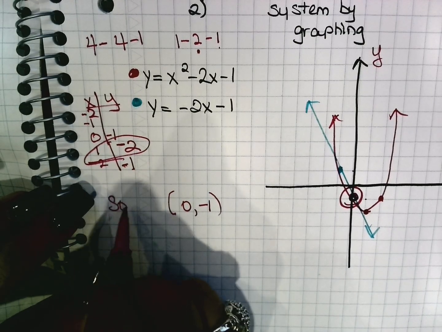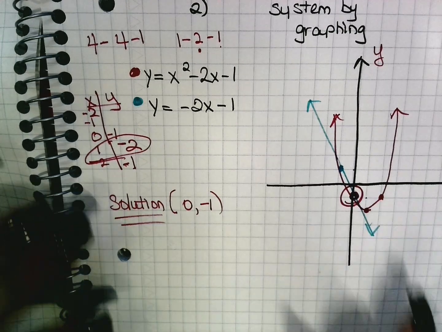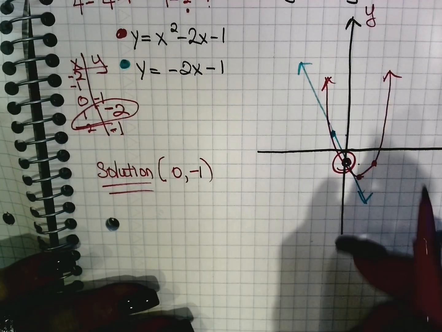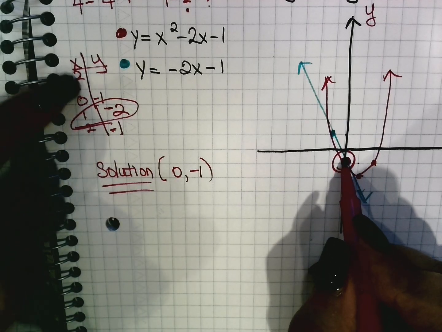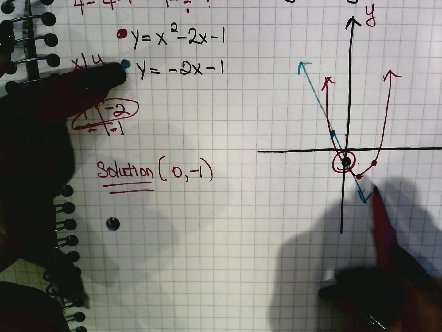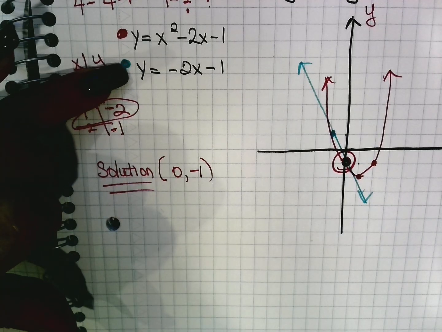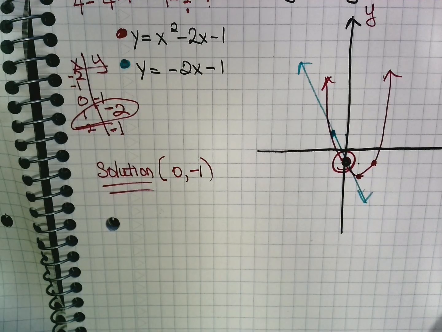That is your solution. Not the best graph of this quadratic, but hopefully you saw that at this point you had the quadratic at 0, -1, and the linear has the y-intercept at 0, -1. So that's your solution.